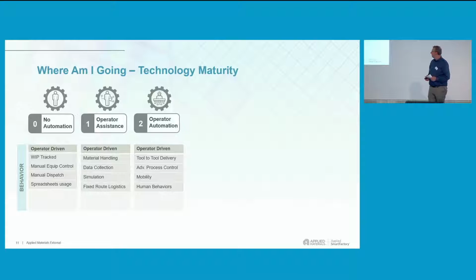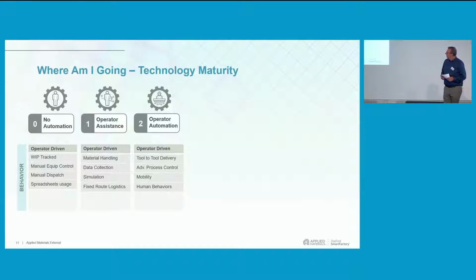It was all manually driven. The next step of automation, which also is initiated by a person, started to use systems in the fab, things like material handling, things like checking some of the advanced process control, some of the early days of that, started to use systems to aid us in the manufacturing process.